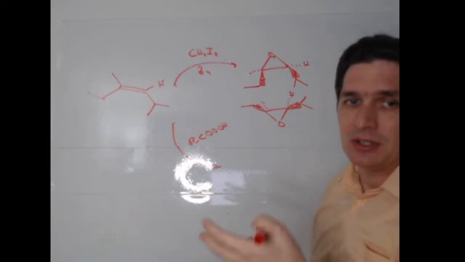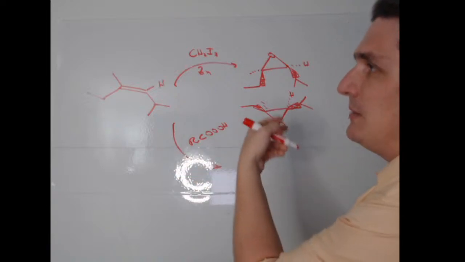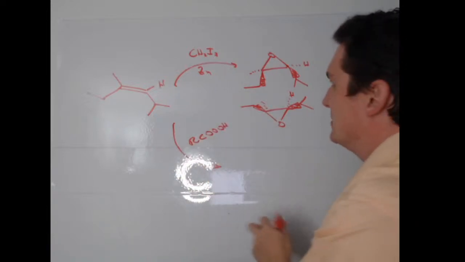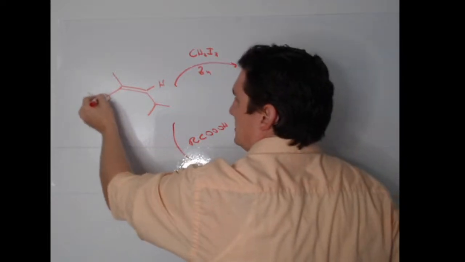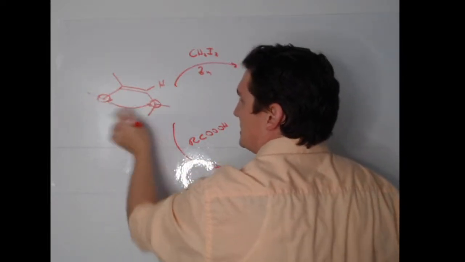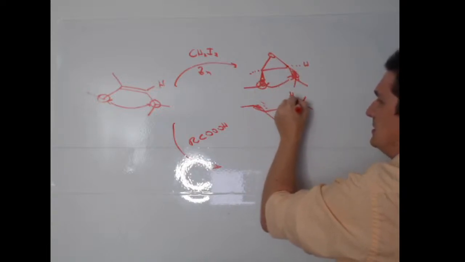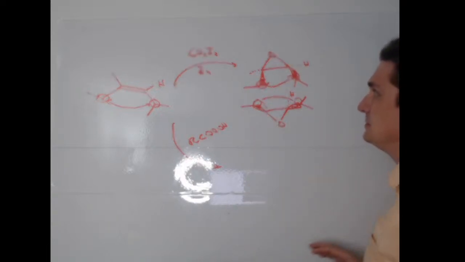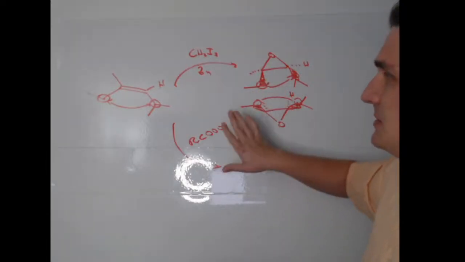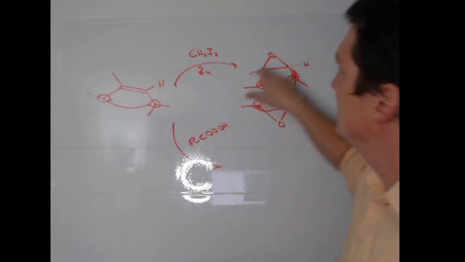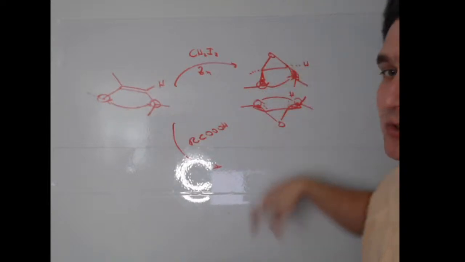And I hate using that term, but because we have no ability to rotate within the ring, we can still use that term, because this group and this group are cis here. They also have to be cis on this side as well. But to save ourselves a little bit of trouble, we can make these both wedge and these both dash, and draw the ring pointing up and the ring pointing down.